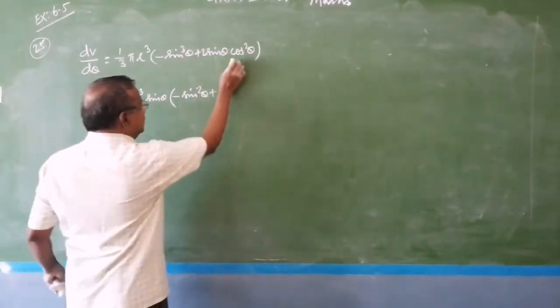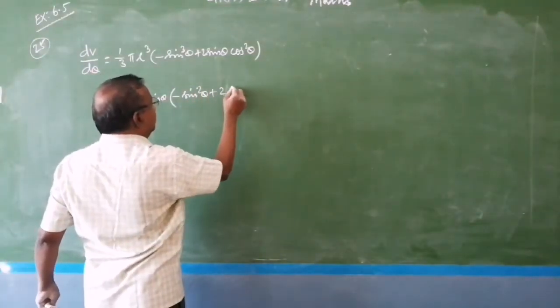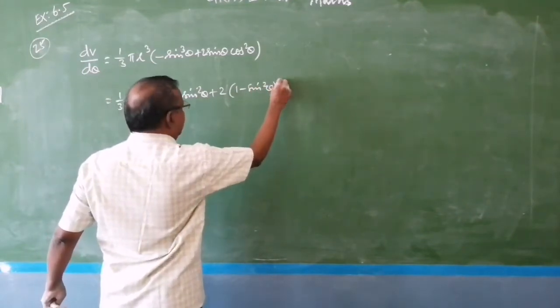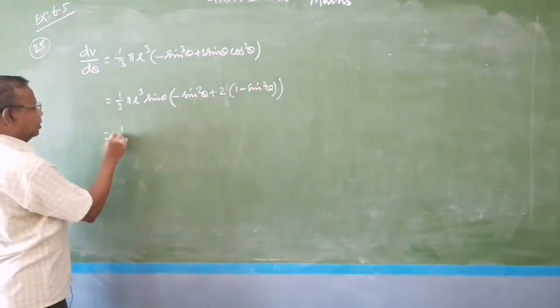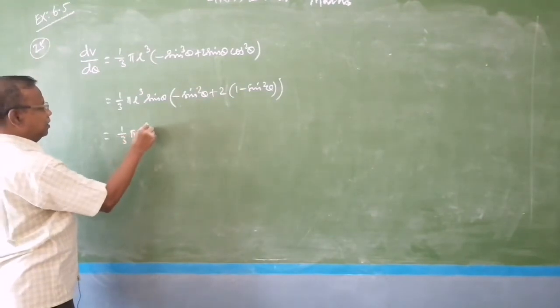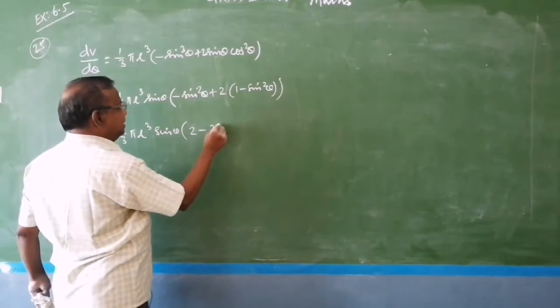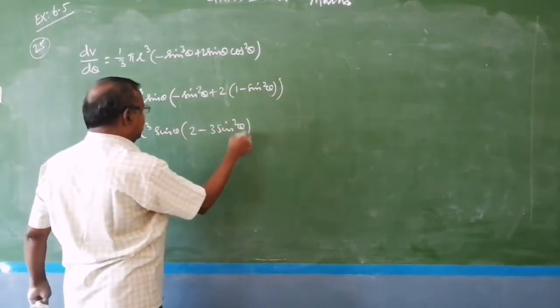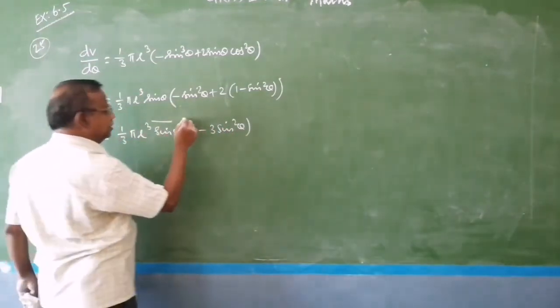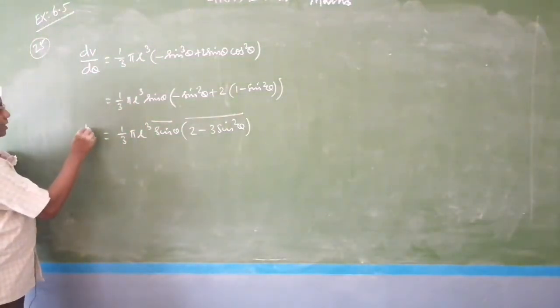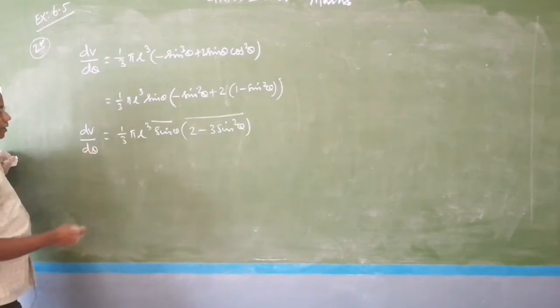Now 2 cos square theta means 2 into 1 minus sin square theta, that is equal to 1 by 3 pi l cube sin theta into 2 minus 3 sin square theta. Now this is the product of two functions.